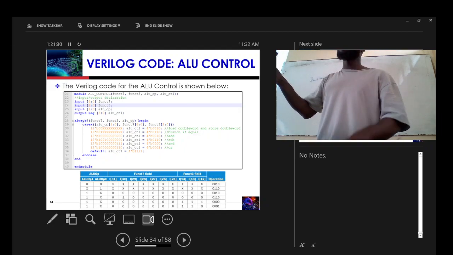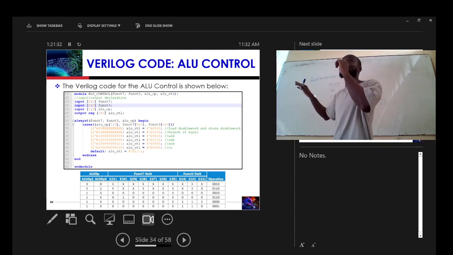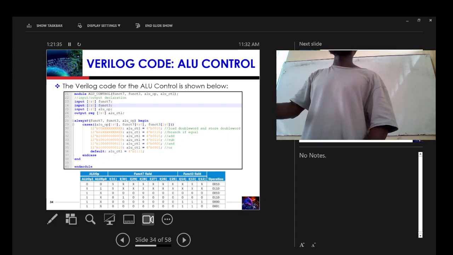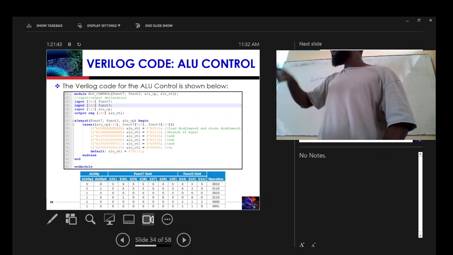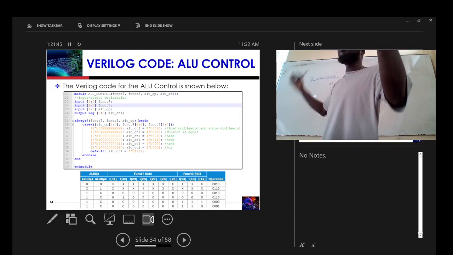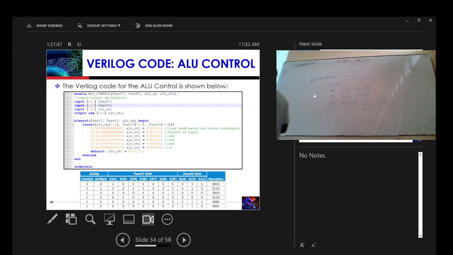Shall I continue? From this, we are just going to put this in. You can see it, just put it.